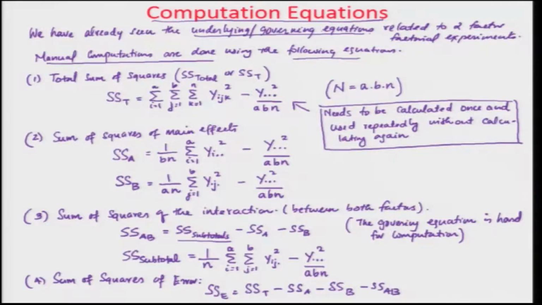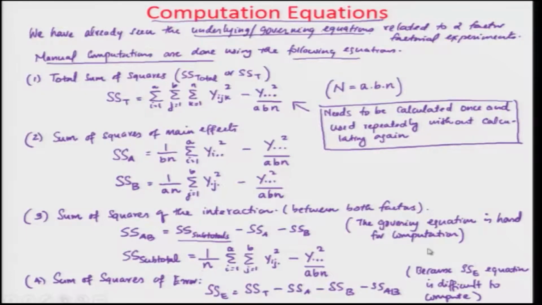From the total, if you subtract the effects of A, B and AB together, what is left is the sum of squares of error. The SSE equation is difficult to compute manually, so we use this subtraction method to do the same.